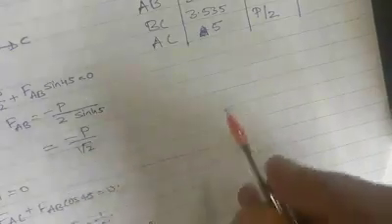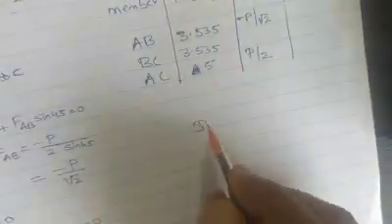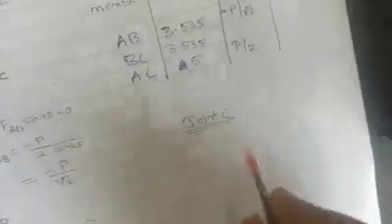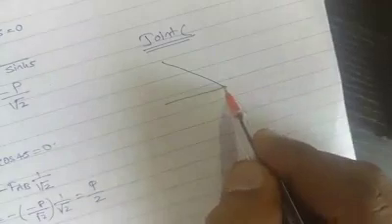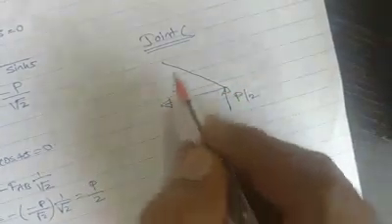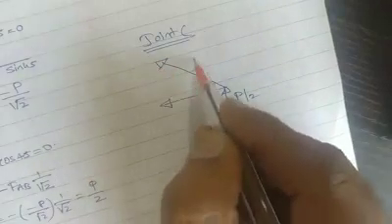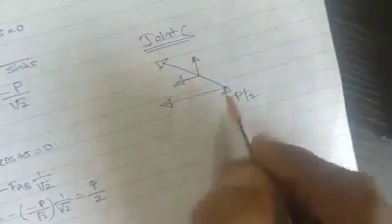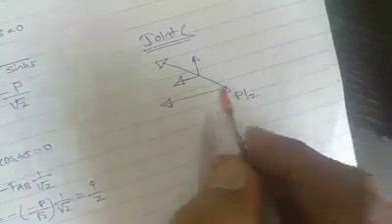Okay, next we'll go for joint C. This is P by 2, away from joint. So here A, this is CB, which we want.